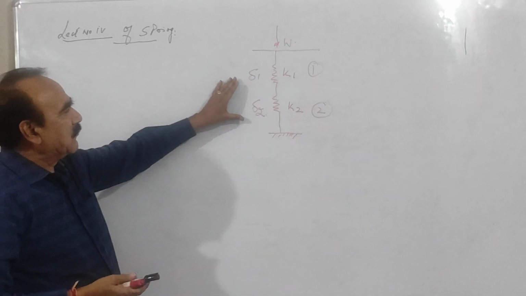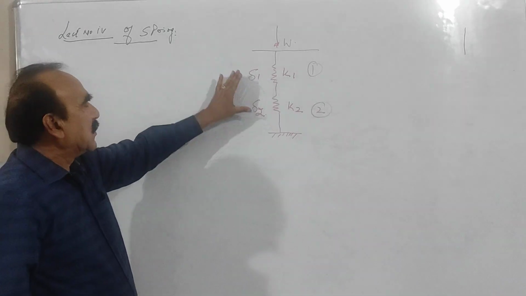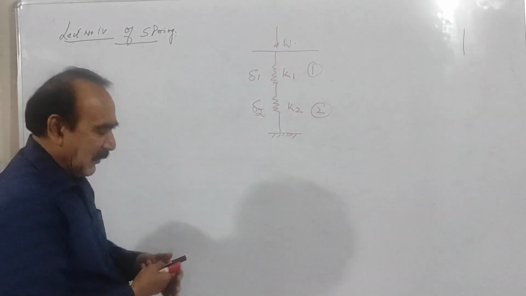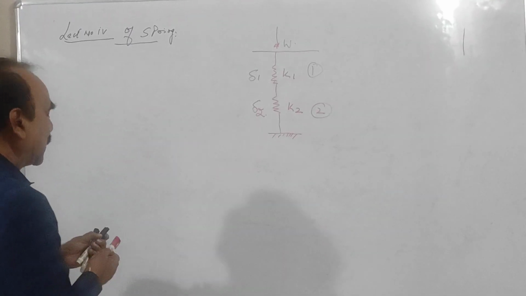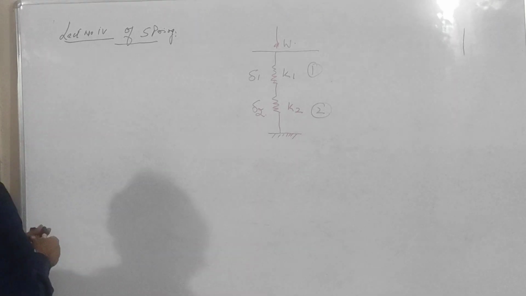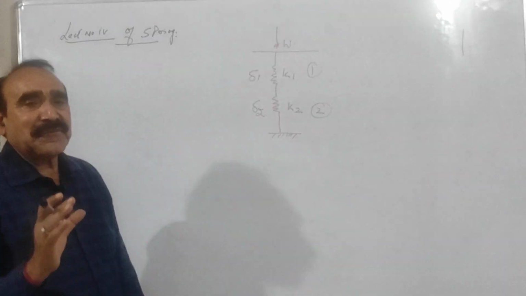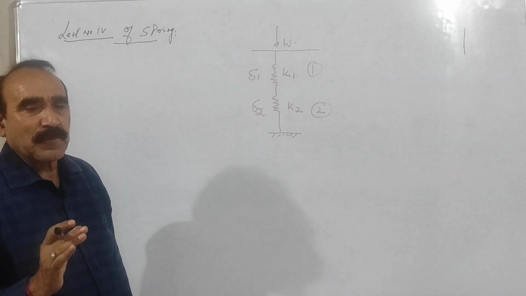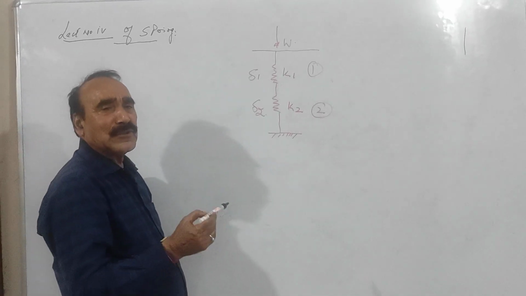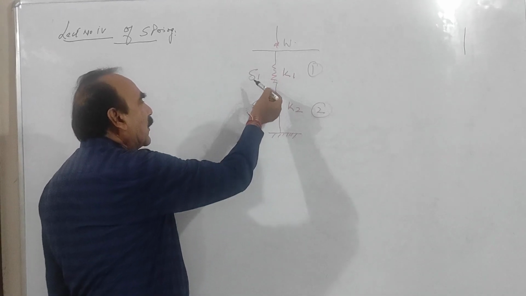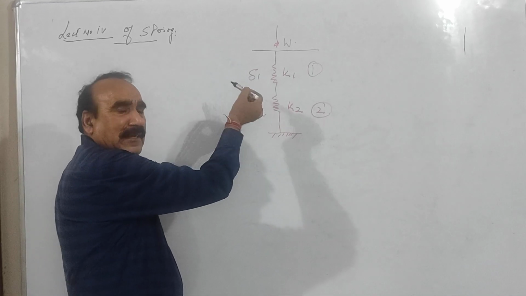So what happens when the two springs are connected in series? Try to understand. The total deflection of the spring is equal to the sum of the individual deflections of the springs connected in series.